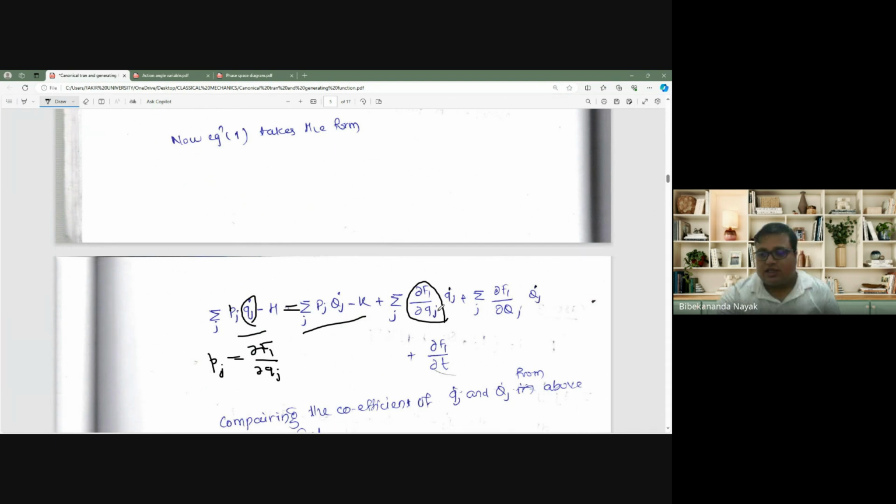Next, capital Qj dot is multiplied with Pj here, and with del F1 by del Qj on the right hand side, while on the left hand side there is no Qj dot, meaning Qj dot is multiplied with 0. This implies Pj plus del F1 by del Qj is equal to 0, which implies capital Pj is equal to minus del F1 by del capital Qj.